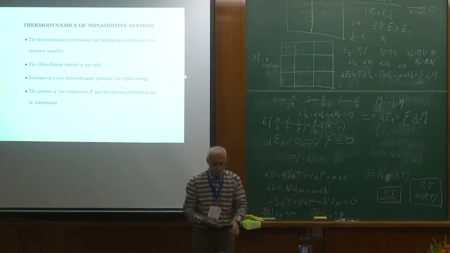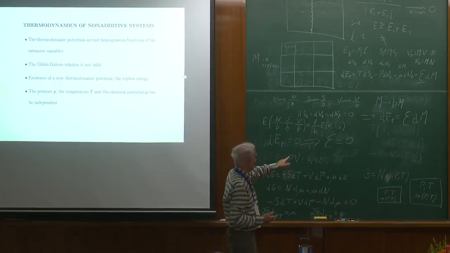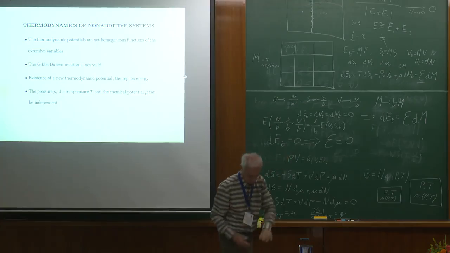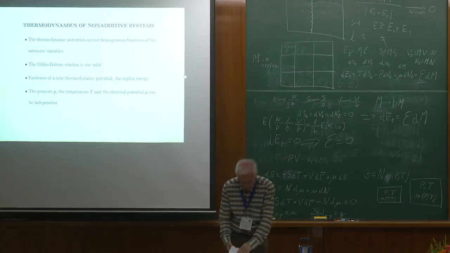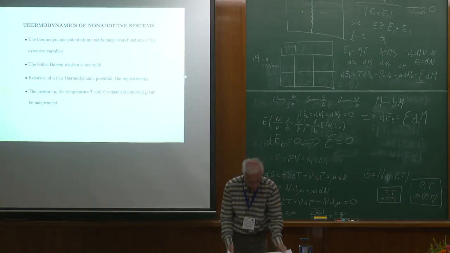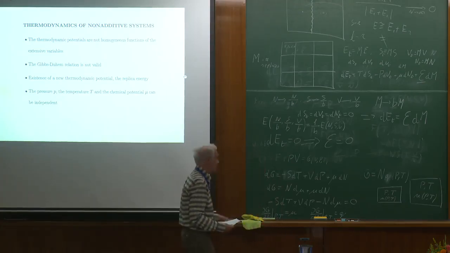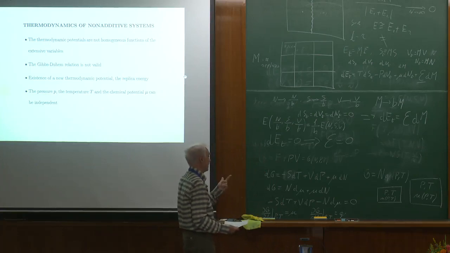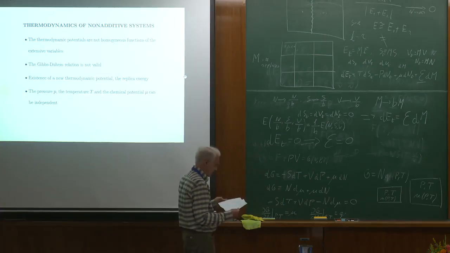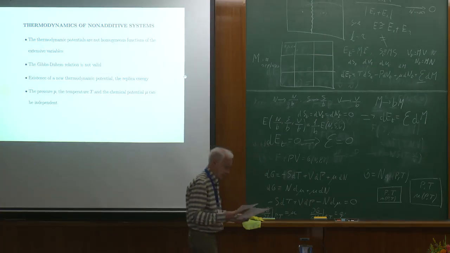So additivity implies that the replica energy is equal to 0. Therefore, the other way around, if the replica energy is different from 0, we have non-additivity. And this can happen only in a long-range system.